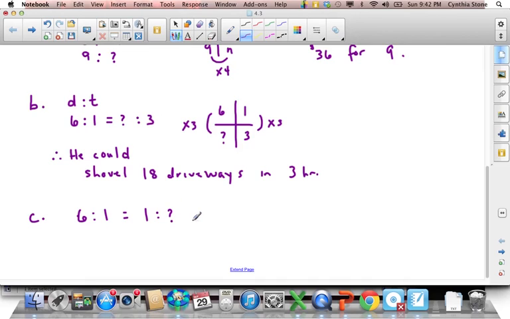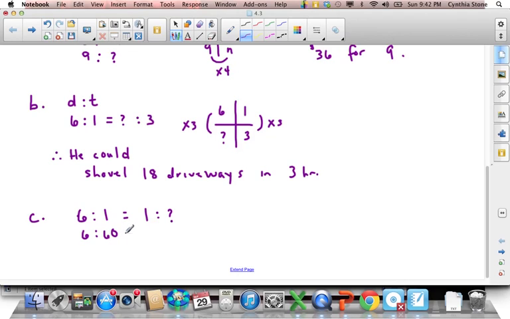Now this does bring to mind the idea that this is 1 hour. And if you think about it, it's going to be a number less than an hour. It's going to be some decimal place. We could keep doing the question this way and get an answer as a decimal, but I kind of wonder if instead of writing 1 hour here, we would be better off to say 60 minutes. So I'm going to jump from using hours to minutes and say 6 driveways in 60 minutes, because really it's the same thing.